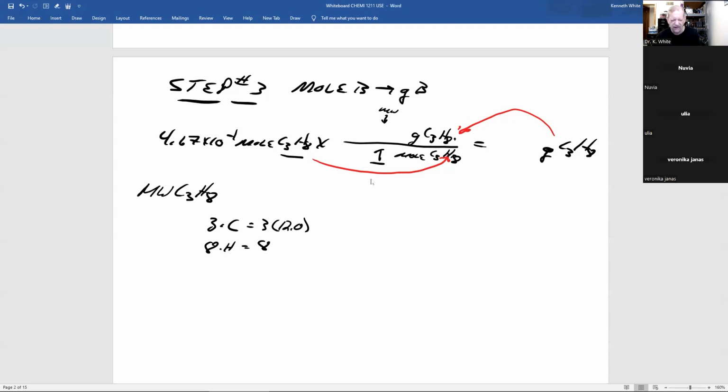Each hydrogen is 1.01 atomic weight. This is 36.0. This is 8.08. This would be 44.08. Hopefully I did my math correctly. If not, somebody better correct me. Tell me you made a mistake. I don't think I did.